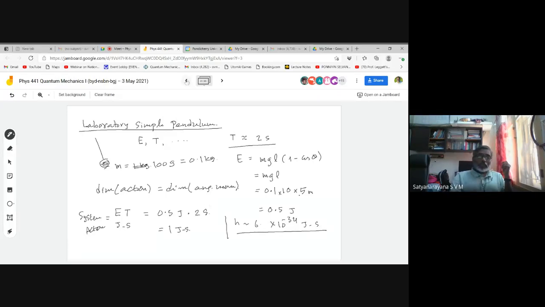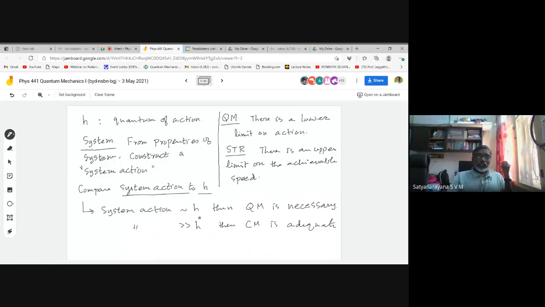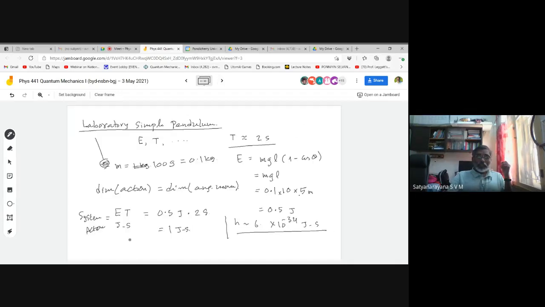That means the system action is much, much greater than h. In other words, h by system action tends to 0. So there is no quantum mechanics required for understanding a pendulum problem.